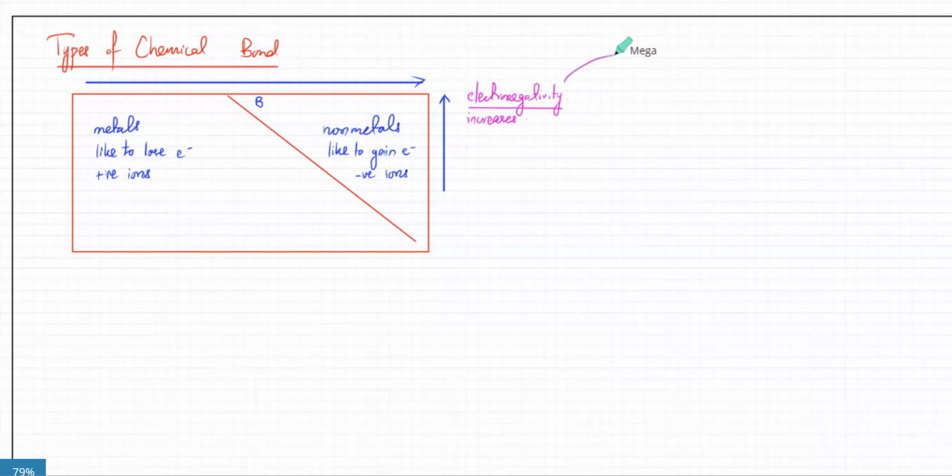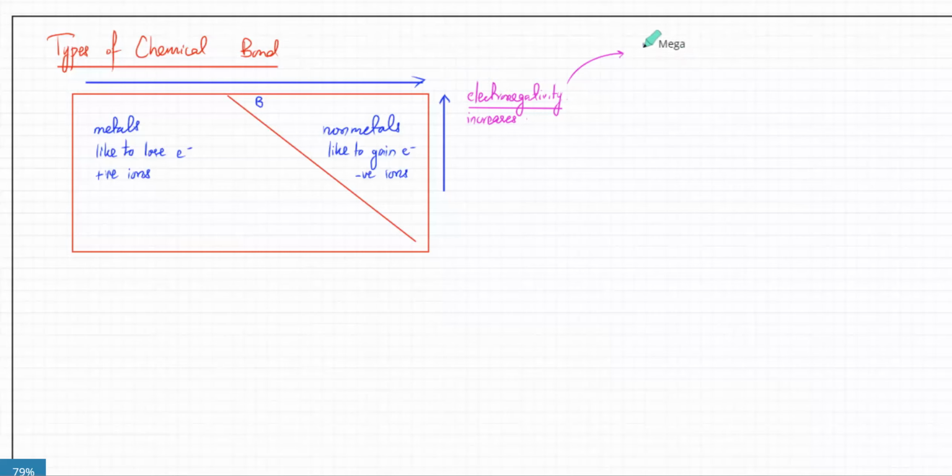Sir, electronegativity across the period? Yes, if you go to the right side, it increases to the right and it increases to the top, which means this corner is the most electronegative. Those are the most electronegative elements. So electronegativity increases, and what is electronegativity?